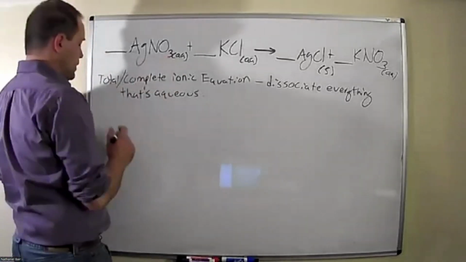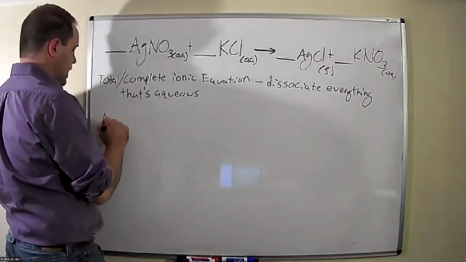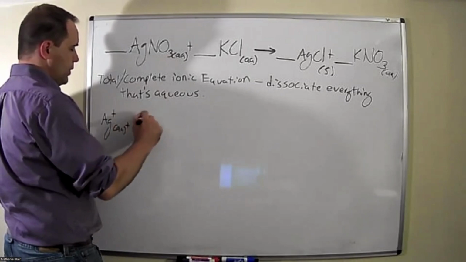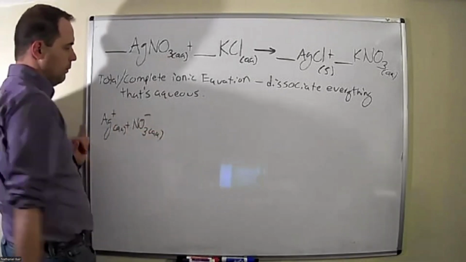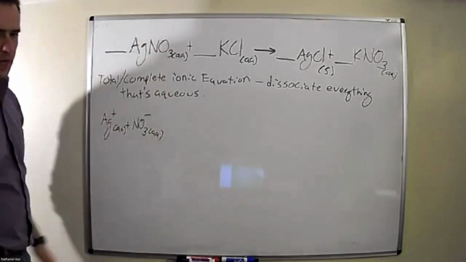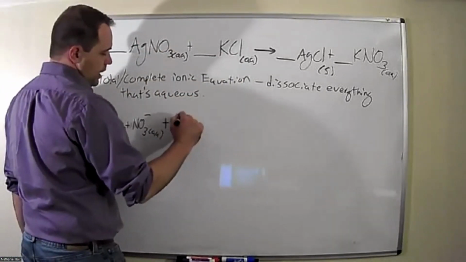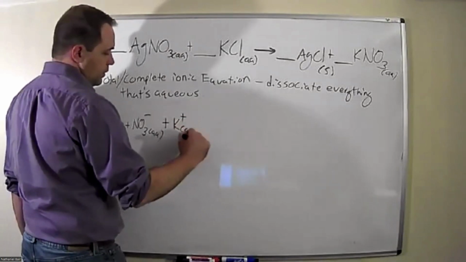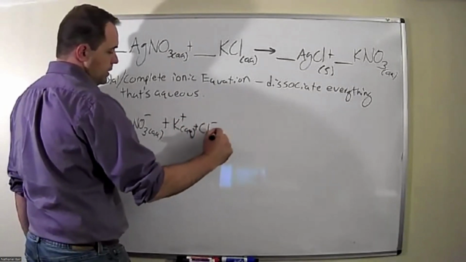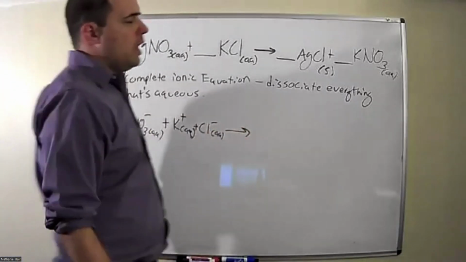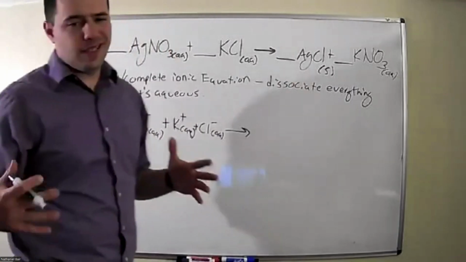So we're going to break silver nitrate apart, and that's going to be Ag+ (aq) plus NO3- (aq), dissociated into its ions. We're going to break potassium chloride apart, so plus K+ (aq) plus Cl- (aq). And you keep the precipitate together.